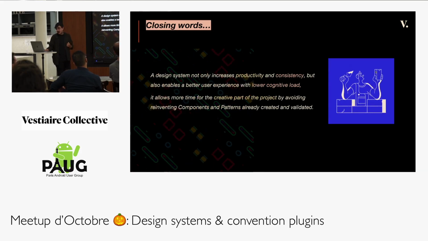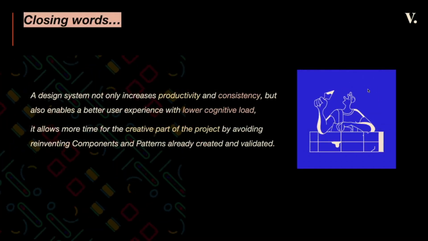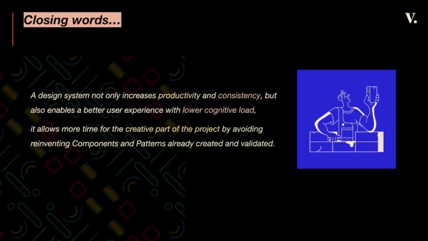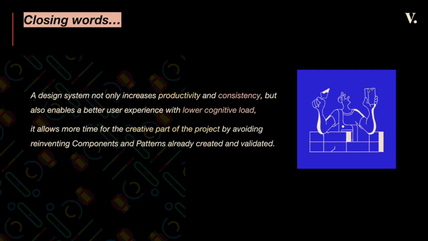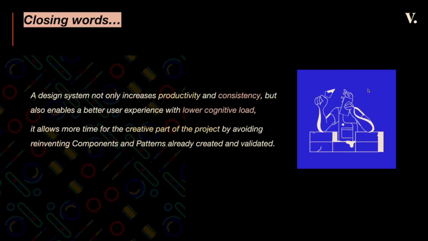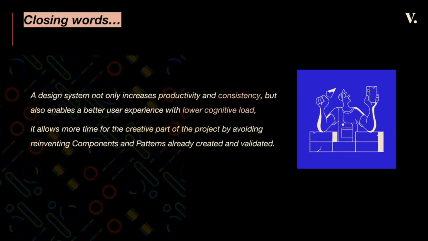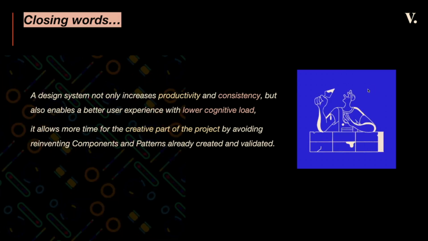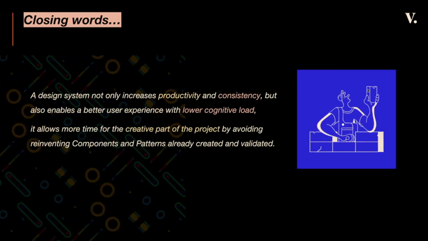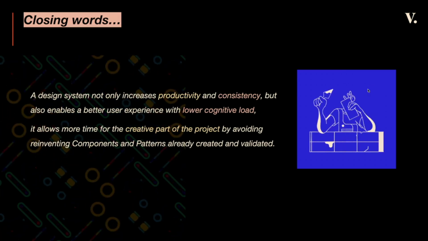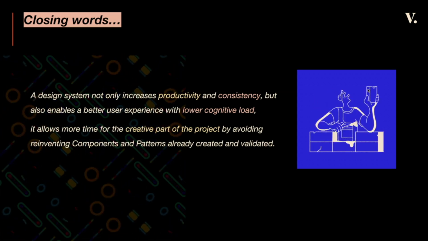Now to finish with these closing words: a design system not only increases productivity and consistency, but also enables a better user experience with lower cognitive load. It allows more time for the creative part of the project by avoiding reinventing components and patterns that were already created and validated.